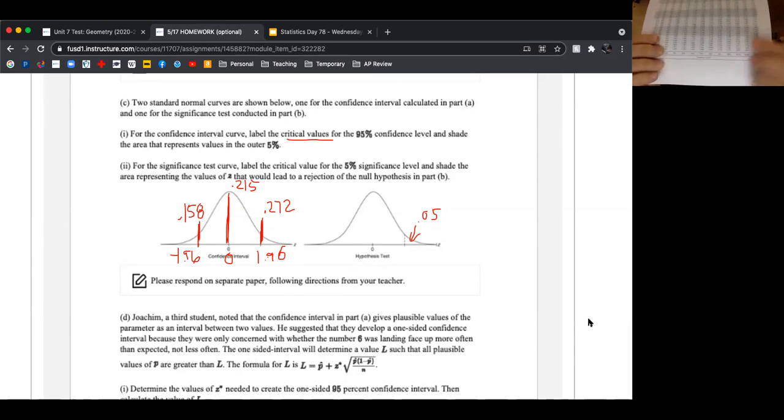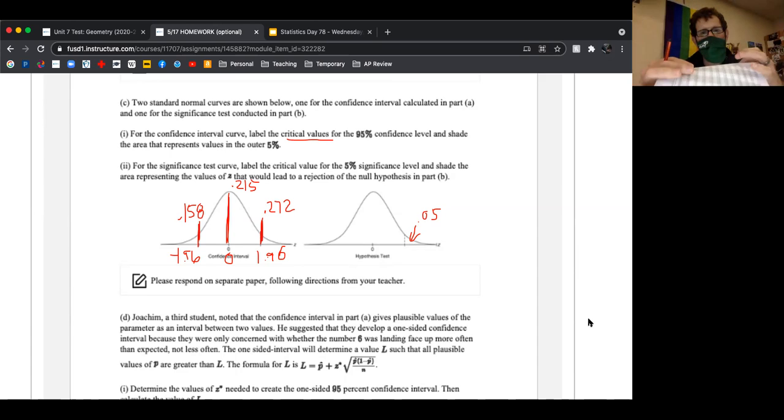At the bottom, you have your confidence level, but at the top, you have your tail probabilities. So what we want to do is find a tail probability of 0.05, which is right here. And if I take this all the way down, my critical value down at the very bottom is 1.645.